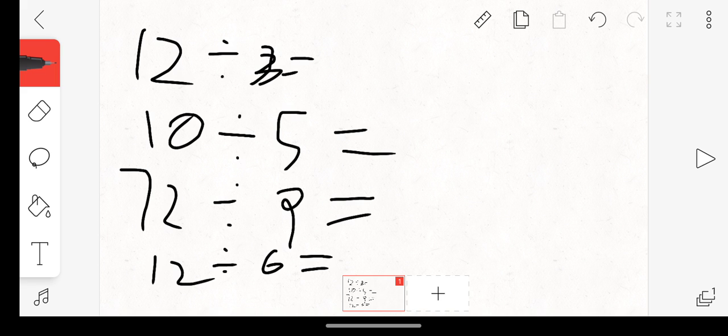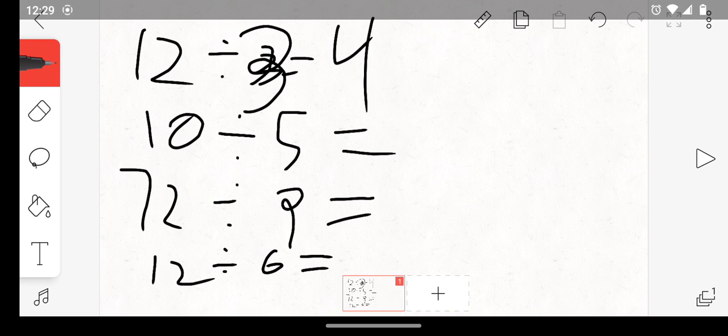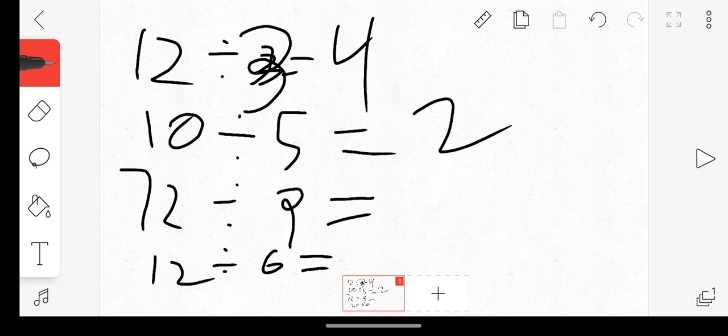Do it. 12 divided by 3. Do the problems. Okay. This is 4. This is 2. This is 7.